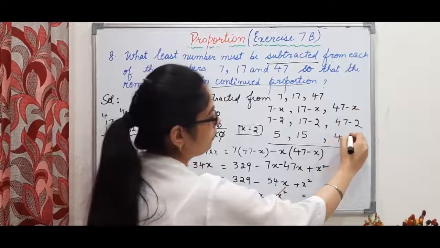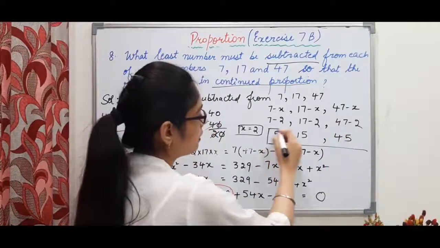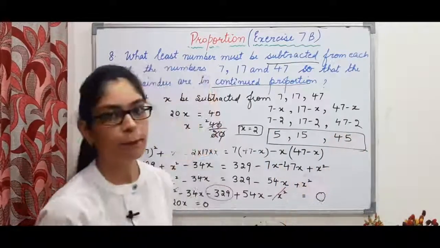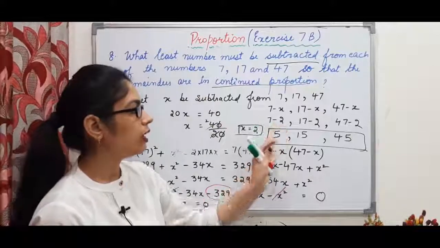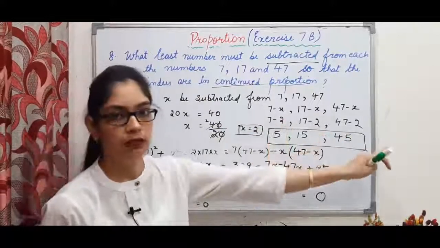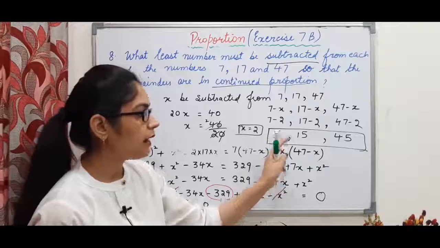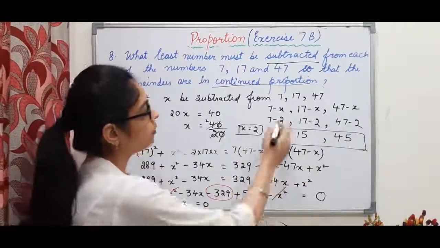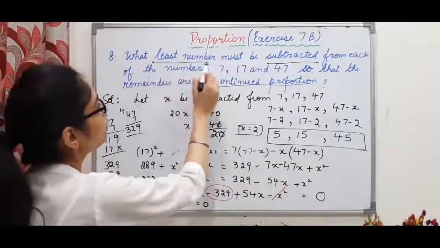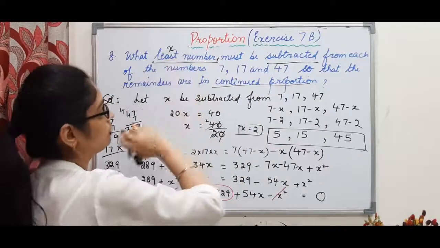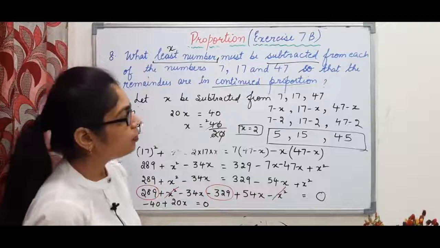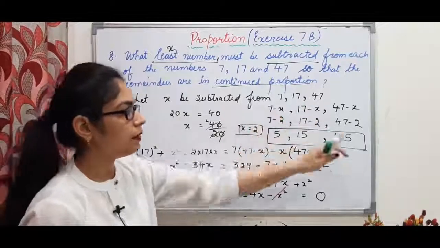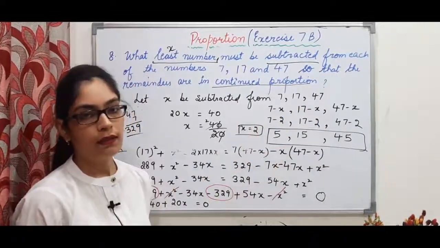So it is 45. Now these are the remainders, like after subtracting x, which is 2, from each of these numbers, I am getting 5, 15 and 45. So these three will be in continued proportion, so that least number is x, which we are subtracting from these numbers to make them a continued proportion.